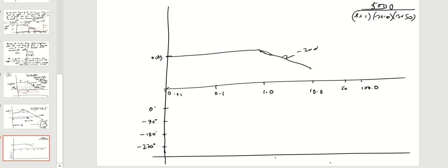This is minus 20 dB per decade. Then it starts descending at a faster rate. Let's say this is a 20 dB line, because now we have amplified the gain by 10 times. This is minus 40 dB per decade, and from 50 onwards it goes at an even faster rate, so these are the corner frequencies. This is minus 60 dB per decade.